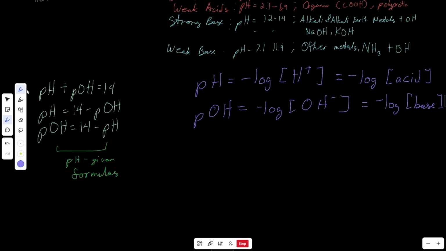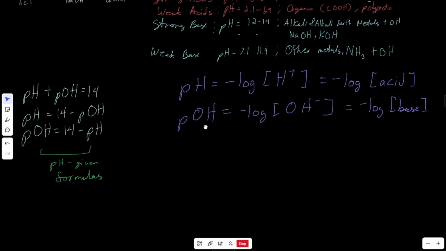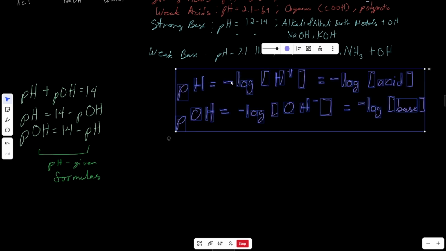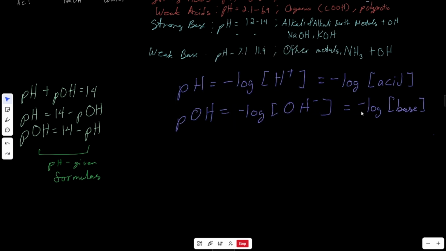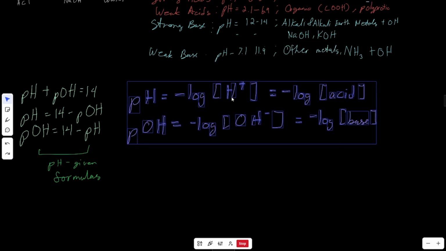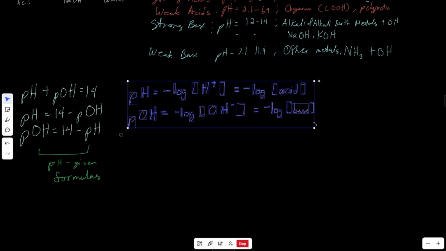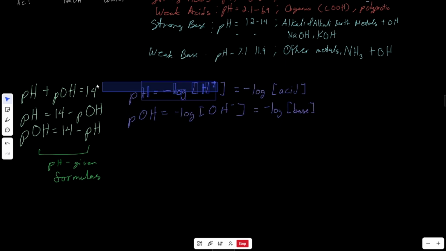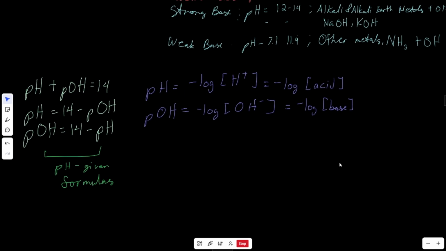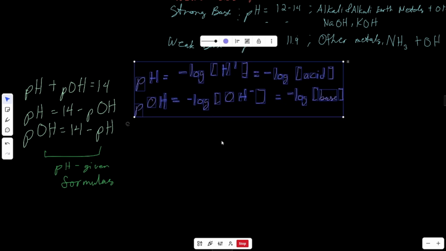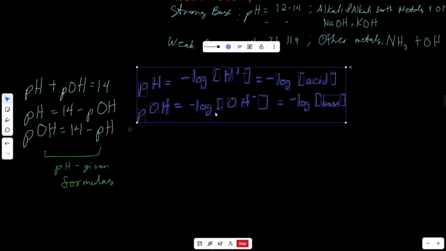So let's say that concentration is given and you need to solve for pH. This formula will allow you to get the pH simply from the concentration. And you can actually substitute this and put it into the other formula so that you can solve for the pOH and the pH. Right? So this is the concentration derivation.